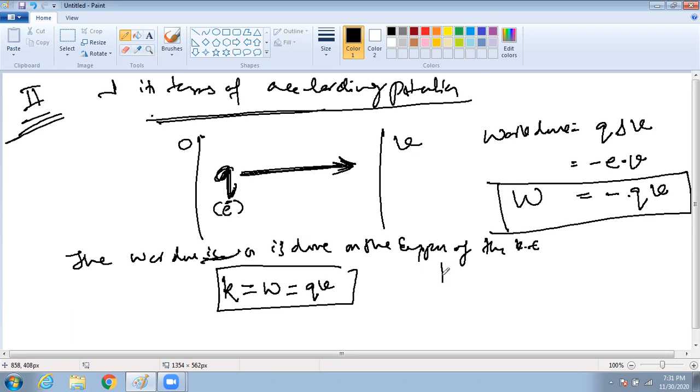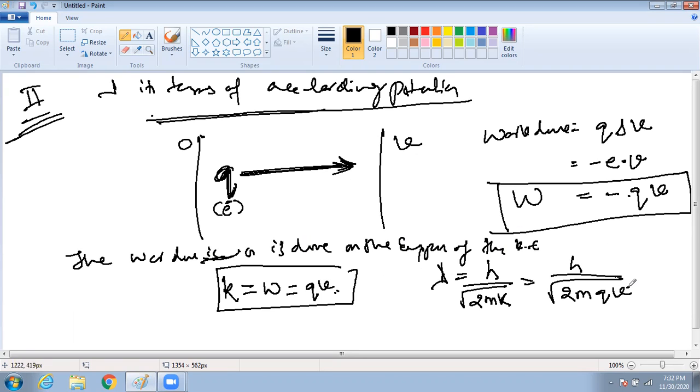Now we already got the formula for lambda was h by root of 2mk, correct? So can I substitute 2m QV instead of 2mk? Yes or no?